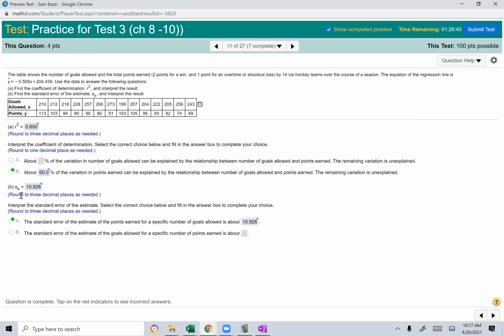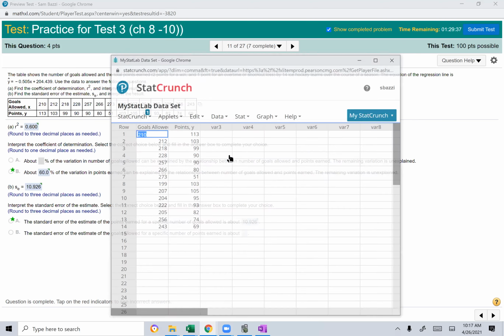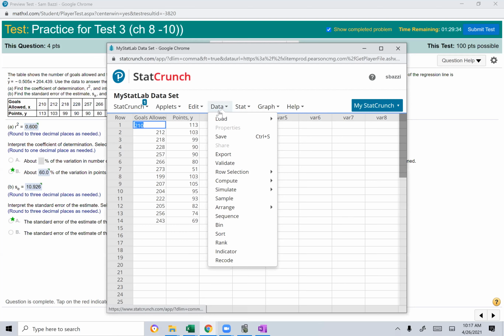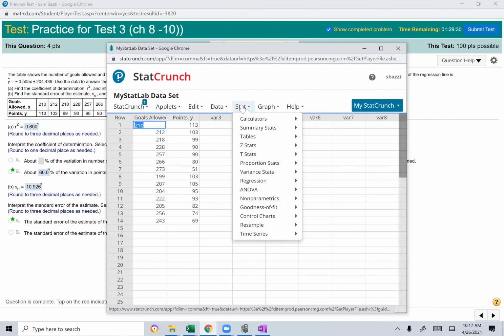Now he's asking you to find the standard error of the estimate. It's already in StatCrunch. Let me show you. Let me just put it back. I think I canceled that. So let me just put it. And if you do linear regression t-test, it will give you SE as well.